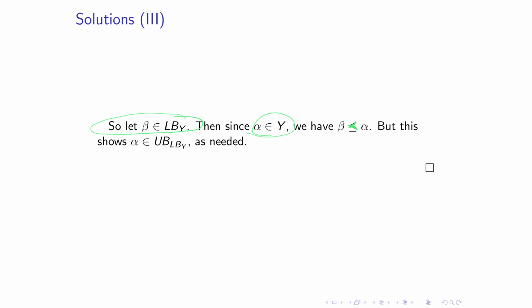So alpha is in y, but beta is a lower bound for the set y, and therefore, immediate from definitions, beta precedes alpha. That is exactly what we needed. And so we have gotten all the components that we need. We now know that alpha is the infimum of y.